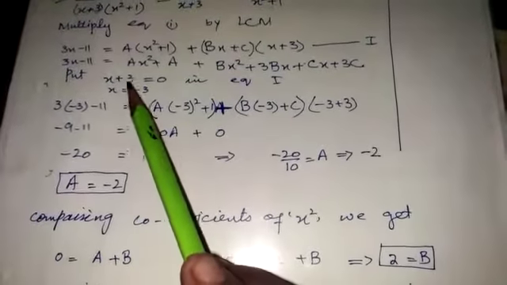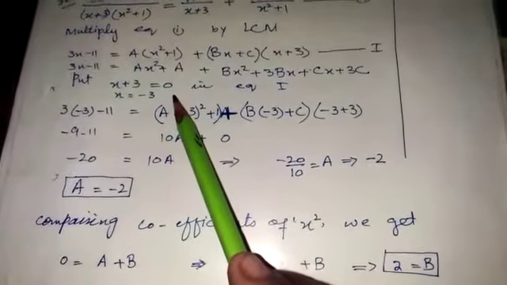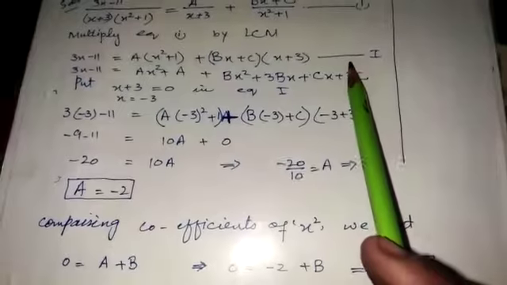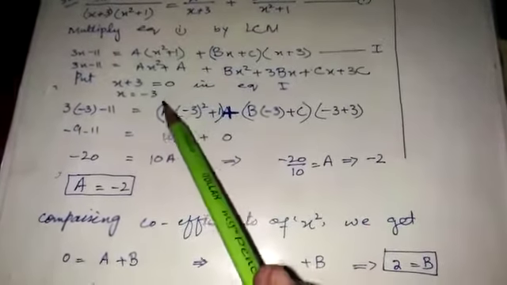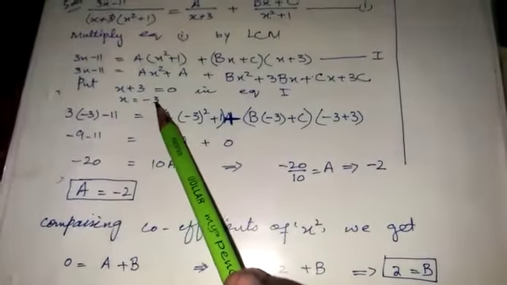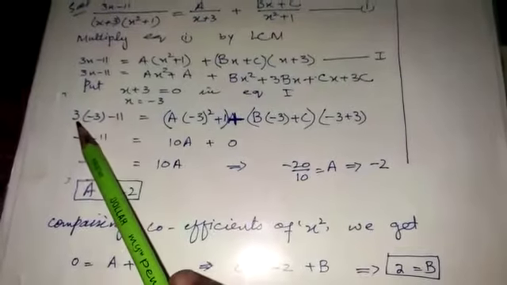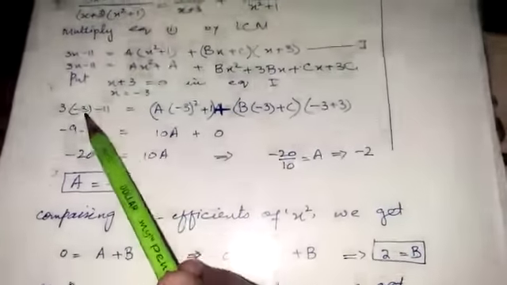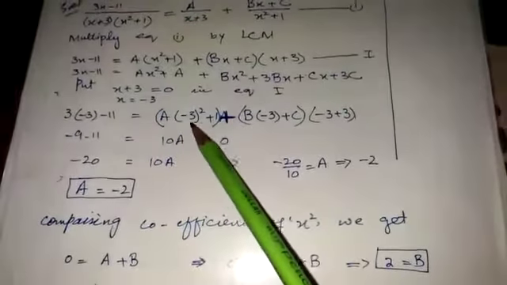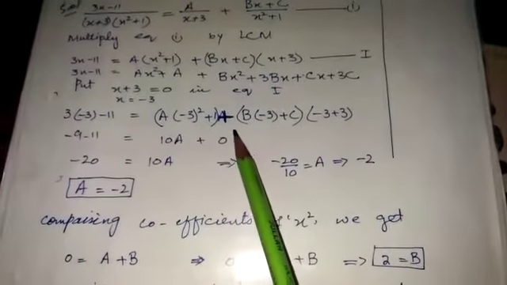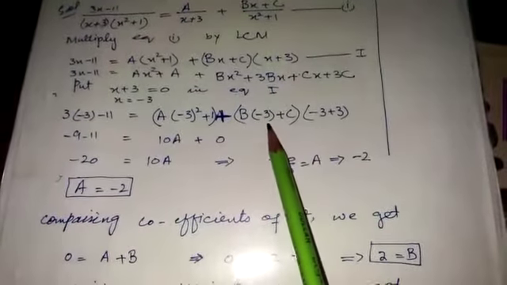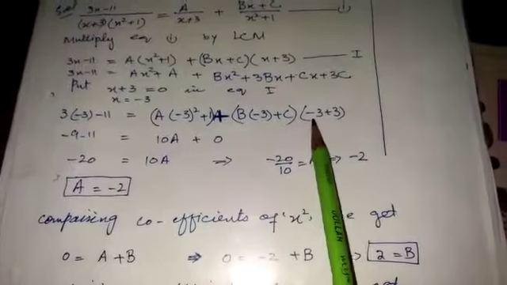Now we will put x + 3 equals 0 by the zeros method in equation 1, which is an identity. So we get x equals −3. We write 3(−3) − 11 equals A((−3)² + 1) plus (B(−3) + C)(−3 + 3).